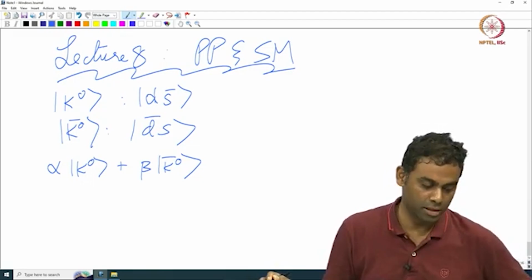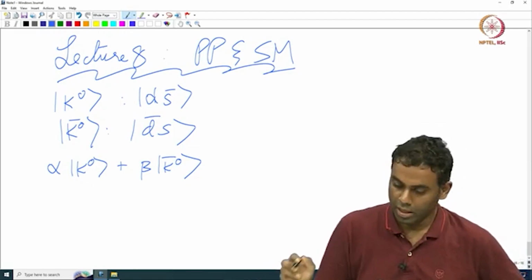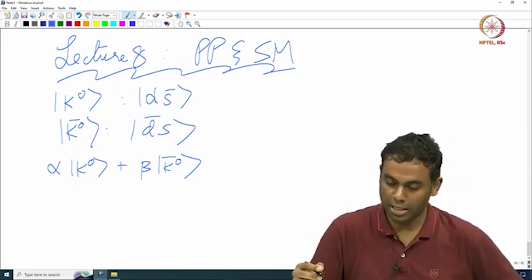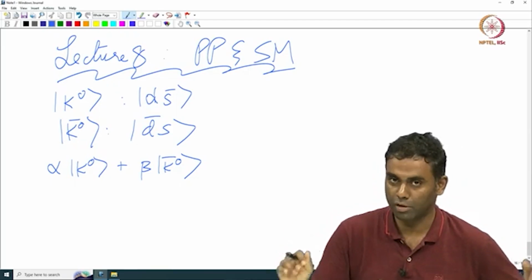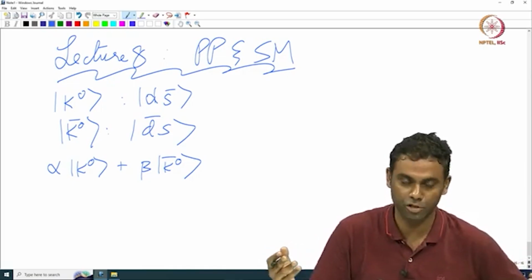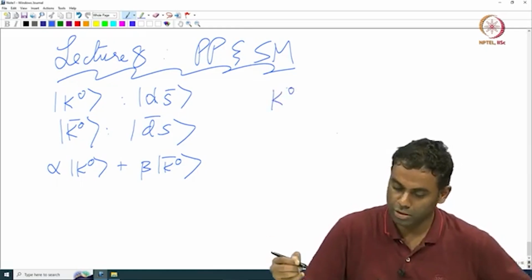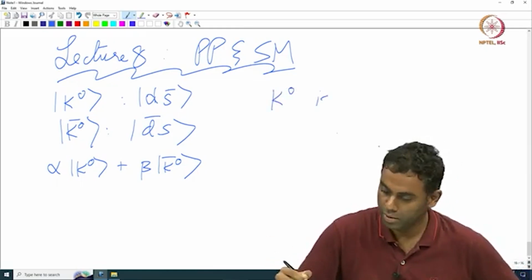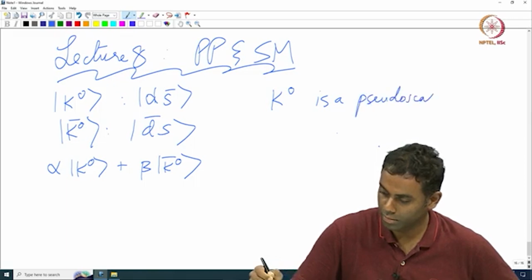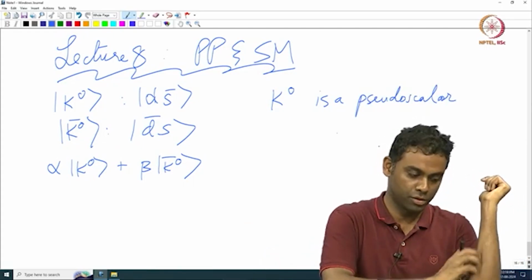Let us start thinking about what exactly we mean by this statement. First of all, as I said last time, this is a strange pion, right, that goes through for all the quantum numbers except for strangeness, and in particular it is known that K0 is a pseudo scalar, just like the pion. Total S is 0, total L is 0, so it is a pseudo scalar.